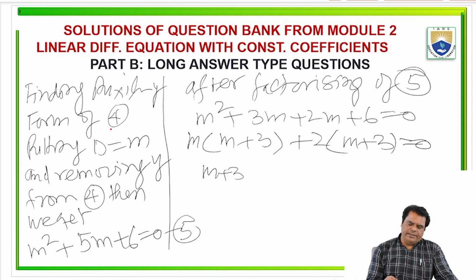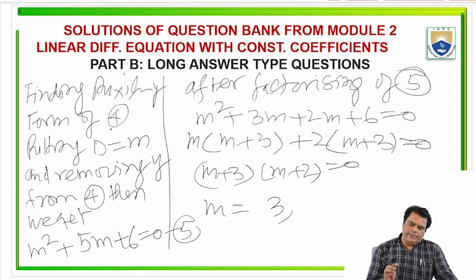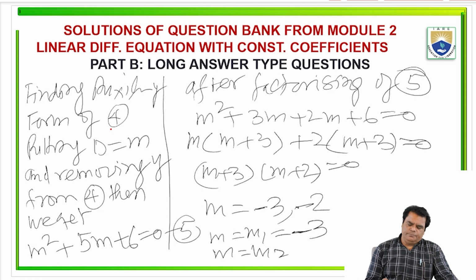So (m plus 3) and (m plus 2) equal to 0. So m equal to minus 3 and minus 2. So m1 equals minus 3 and m2 equals minus 2.